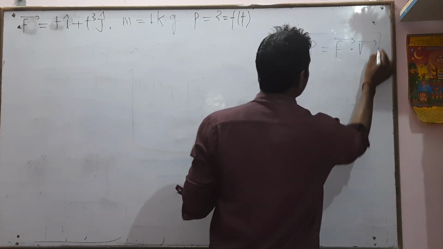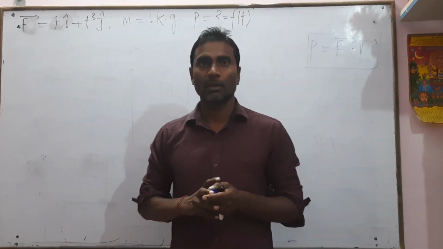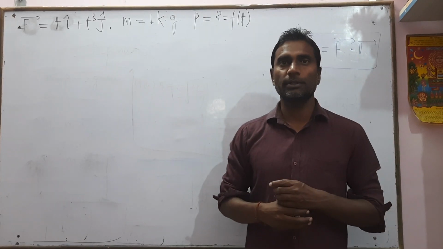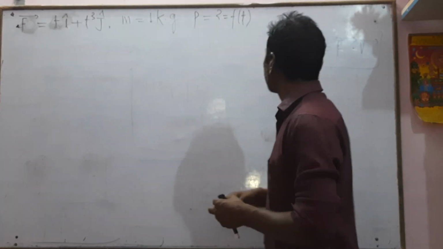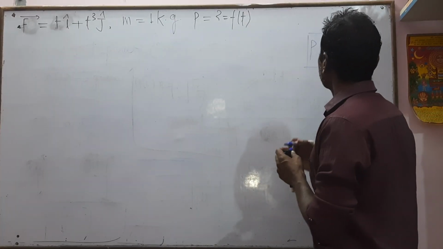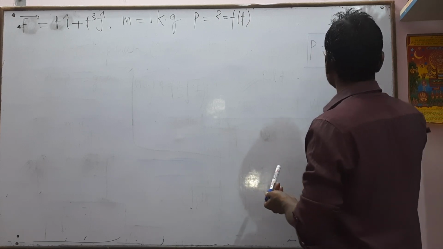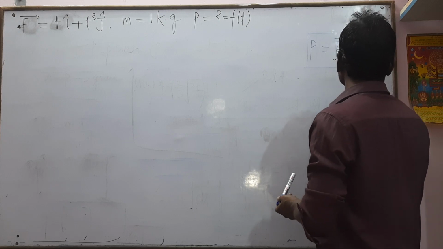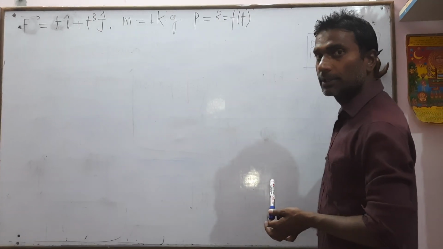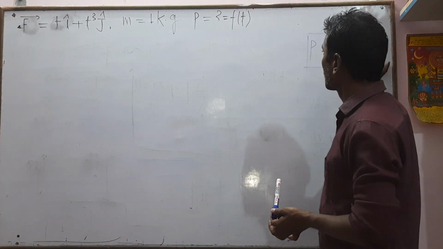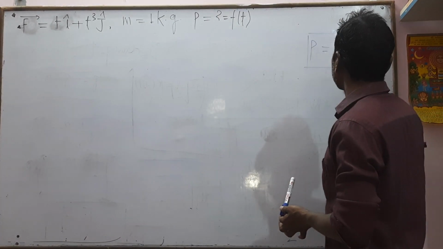We already know the force F, and we need the velocity vector. Then we can calculate the power P, which equals force vector dot velocity vector.